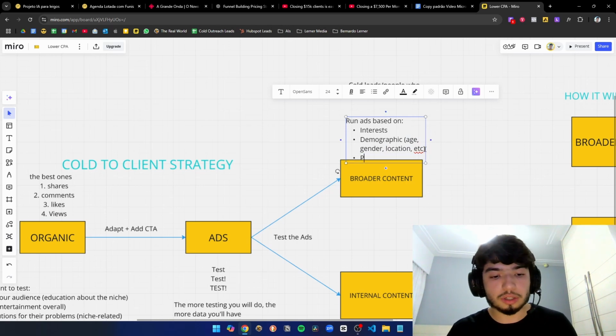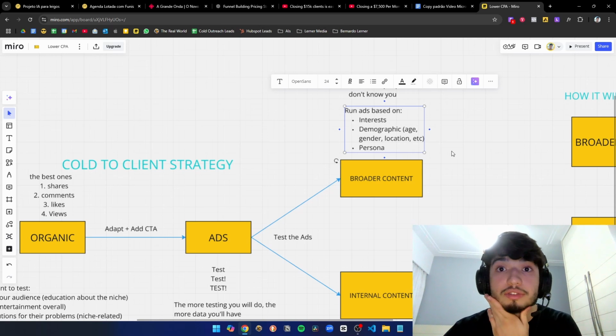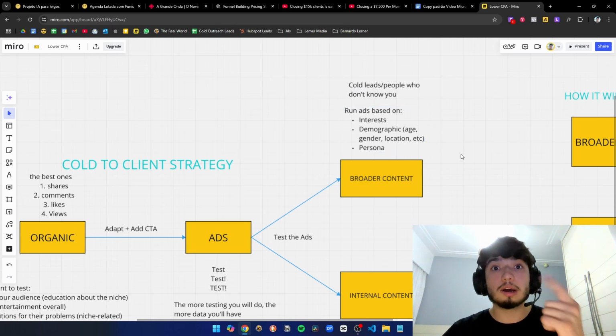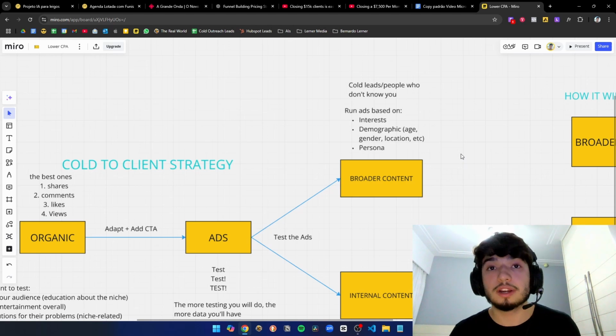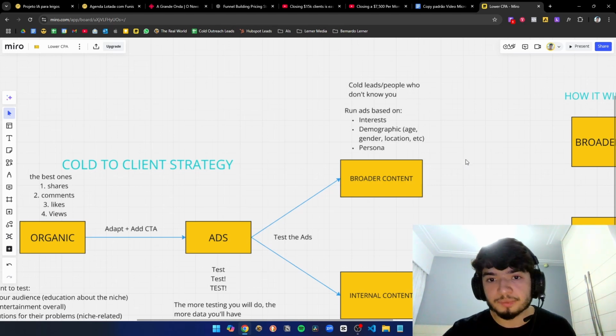That's basically all the persona, right? If you understand the persona of your business, the personas actually, because you can have more than one, and while you're scaling, you tend to develop more personas, like 3, 5, 7, whatever.